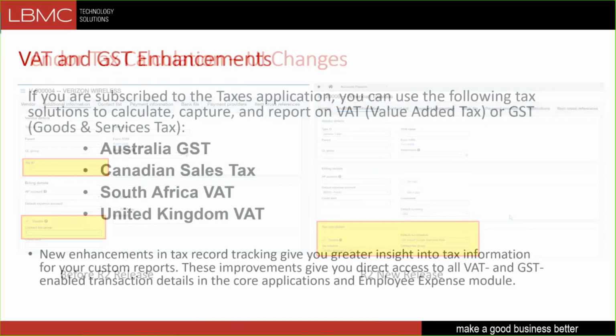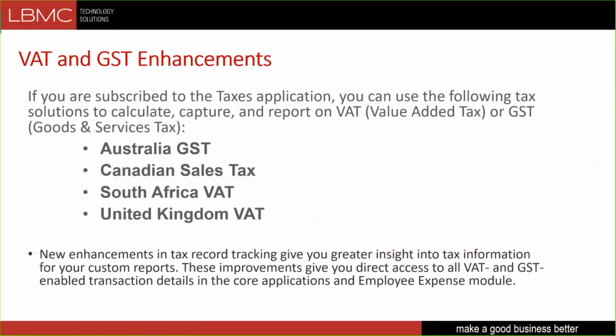So if you are using the taxes application, so if you have to collect or pay international taxes in one of these 4 countries, you can subscribe to a tax application with Intacct, and it will automate the setup for the value added tax in South Africa or the UK, and the goods and services tax rate in Australia, and the Canadian sales tax.